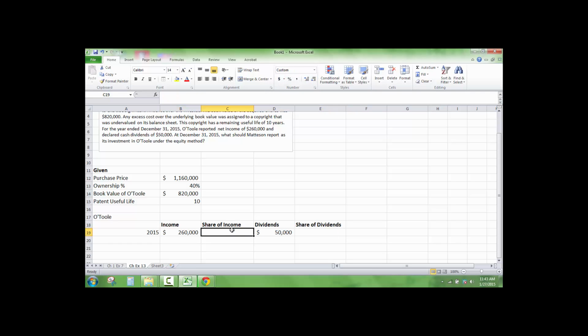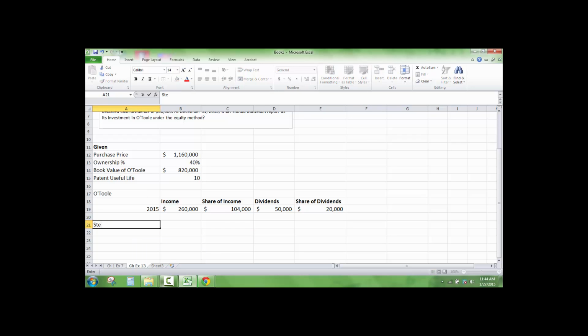So how we figure our share is ownership percentage times the income, and then ownership percentage times the dividends.